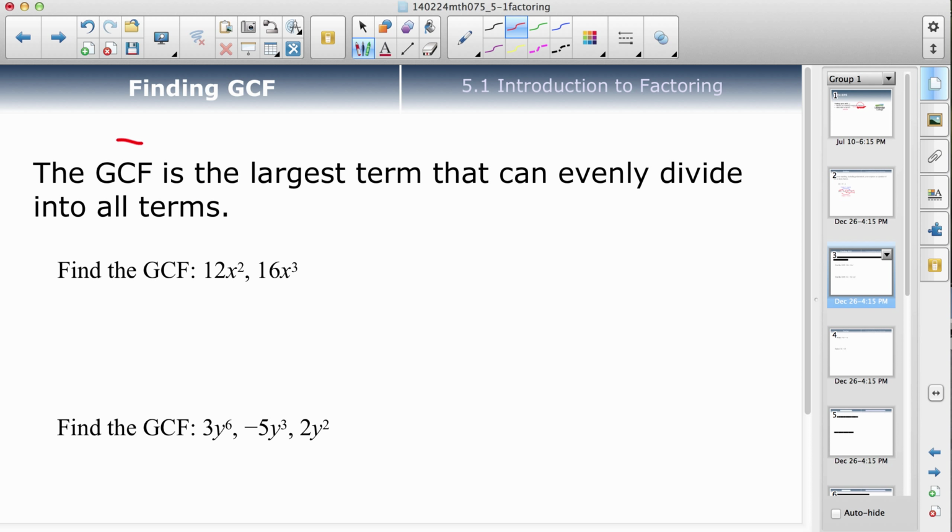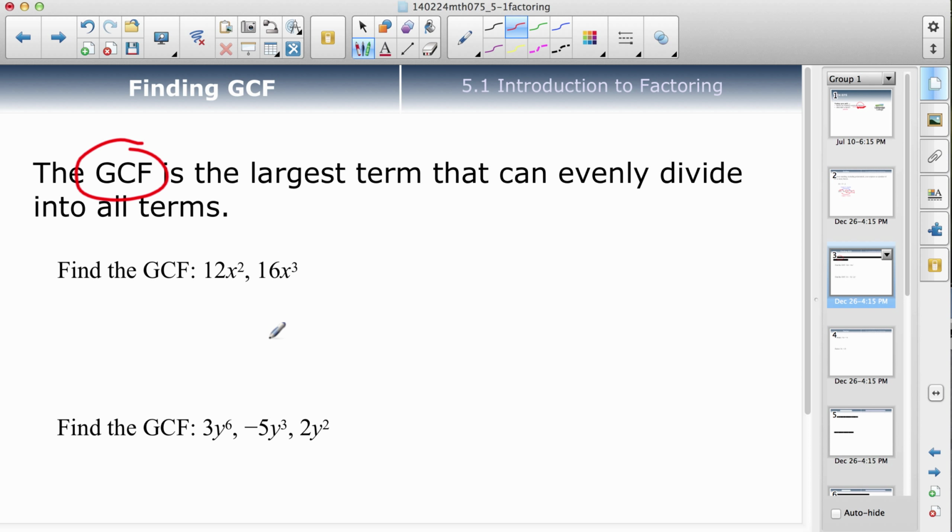And so the greatest common factor, here the definition is the largest term that can evenly divide into all terms. In order to factor something, we're looking for the greatest thing that's in common between the two. So for example, in these two questions, I'm looking for the largest thing that will divide evenly into both those numbers.